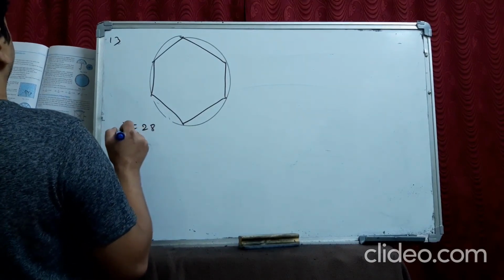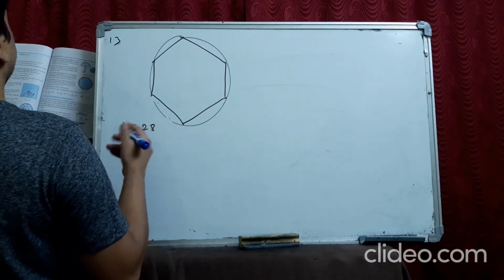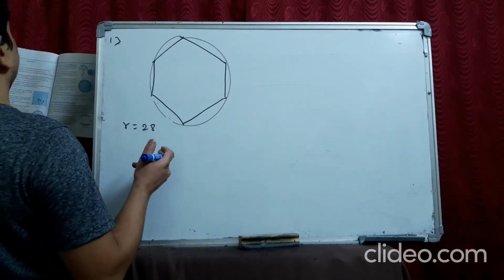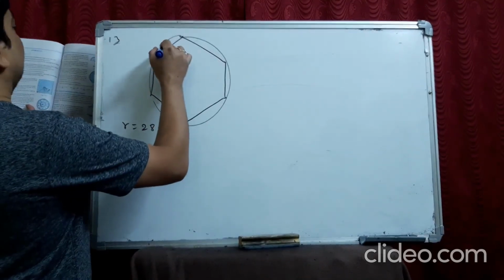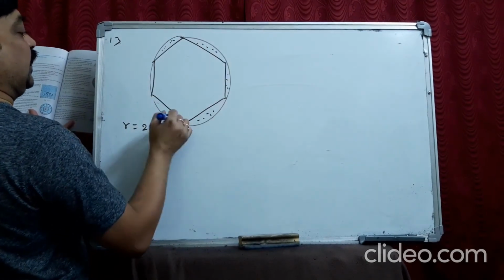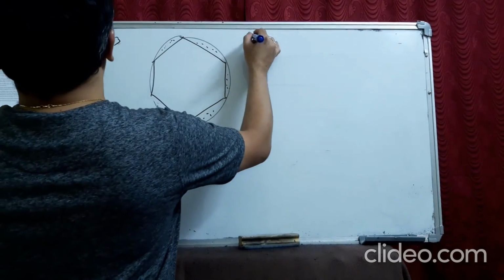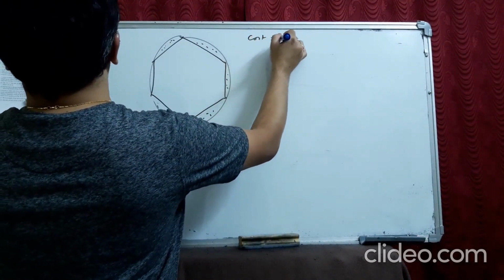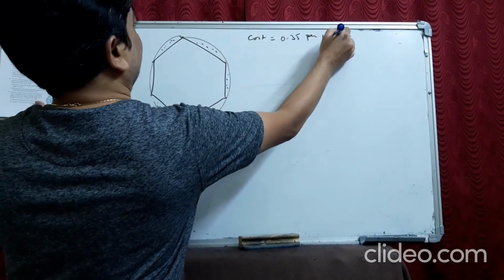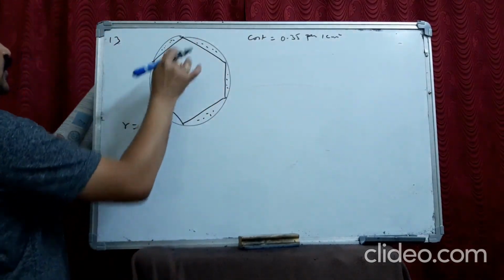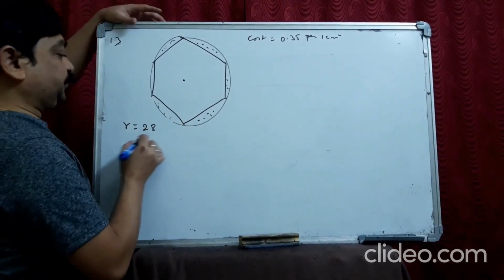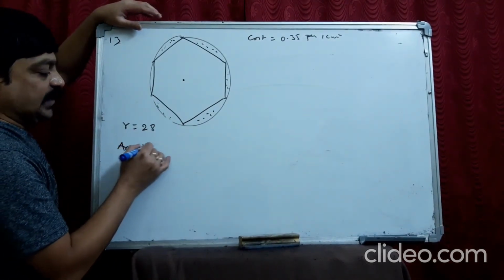You are asked to find the cost here. The cost of making the design is 0.35 per 1 centimeter square. So first you have to find out the area of the design.